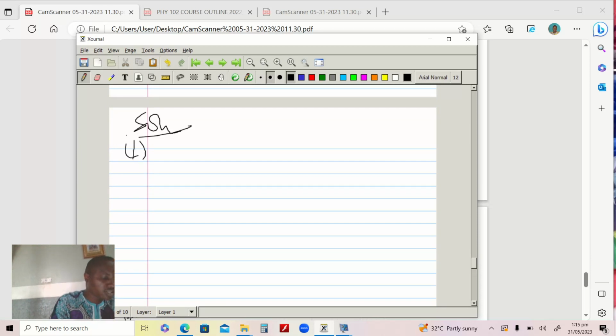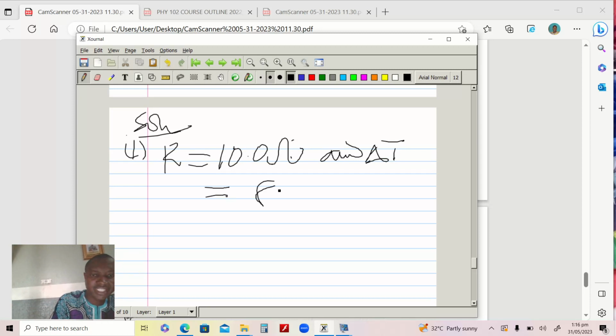We have R, which is equal to 10.0 ohms, and the change in temperature, delta T, is equal to 80 minus 20, as we have been given there, which is equal to 60 degrees Celsius. So that's our change in temperature.